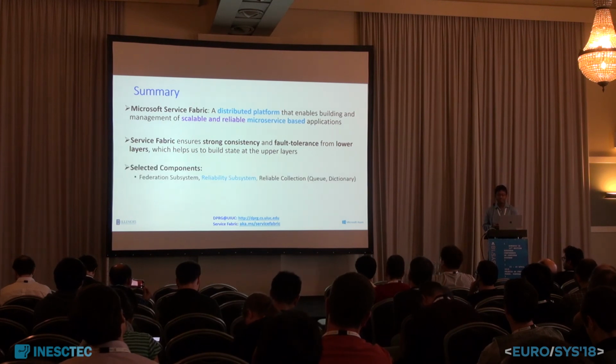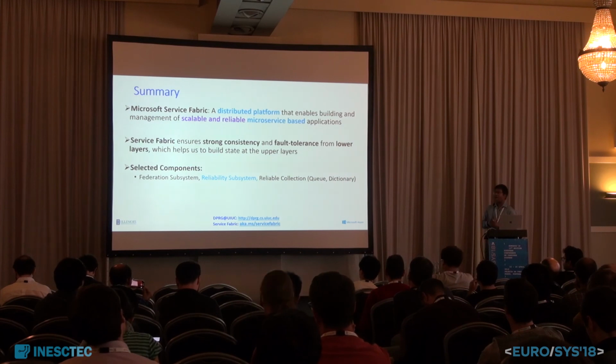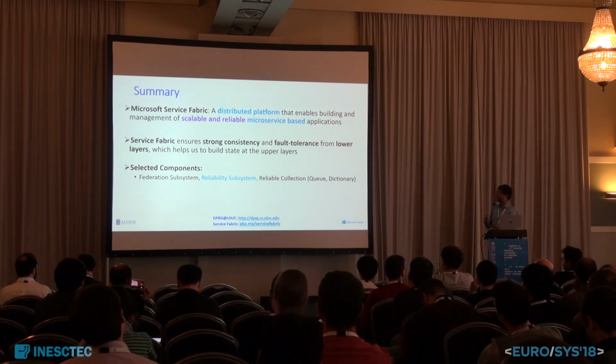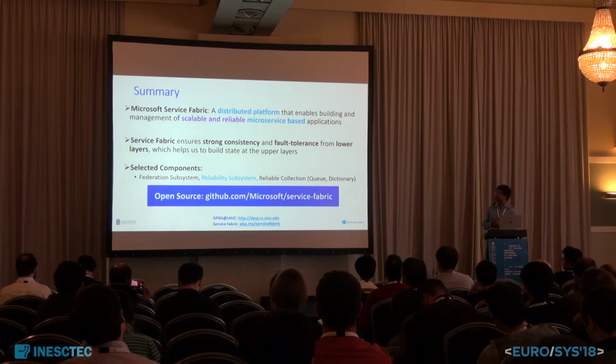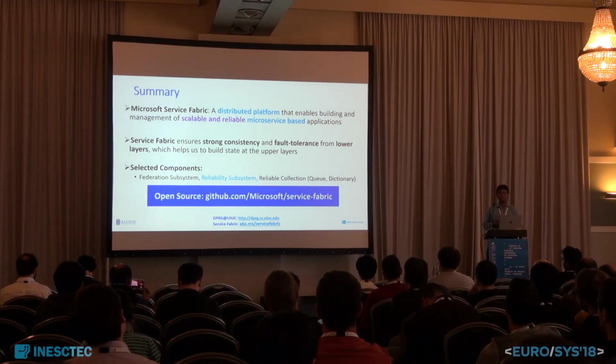And I have briefly covered 3 core components of Service Fabric: federation subsystem, reliability subsystem, and reliable collections. The Service Fabric code is now open source, and you can check it from the GitHub link. So this was a brief presentation about this paper, and I'd love to take any questions.